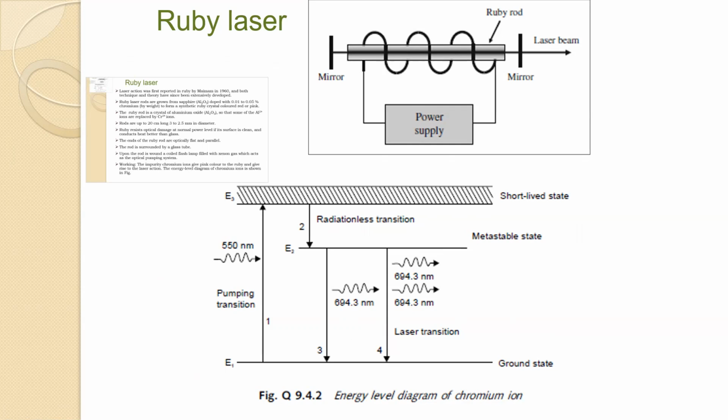By laser we mean light amplification by stimulated emission of radiation. For the laser action to occur, there must be a metastable state, population inversion must be achieved, and also light amplification must be achieved for getting an intense beam.